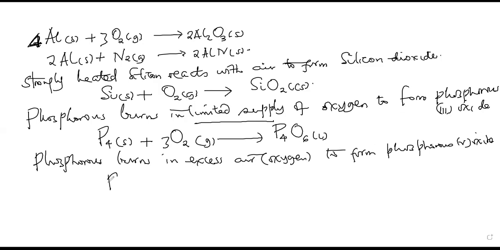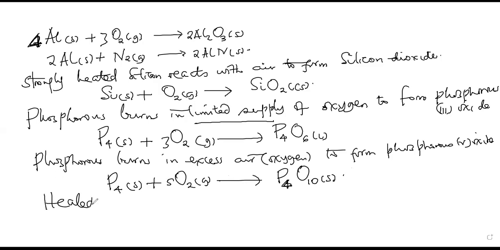So the equation is phosphorus solid plus oxygen to form phosphorus(V) oxide. Then when you go to sulfur, sulfur must be heated.